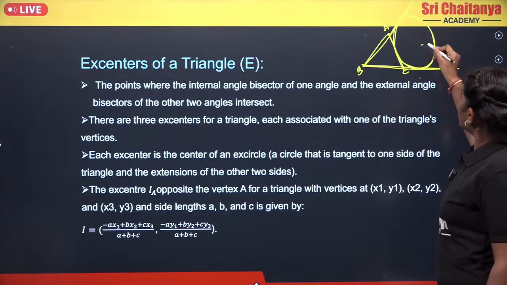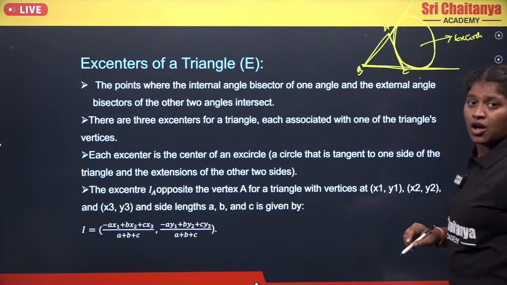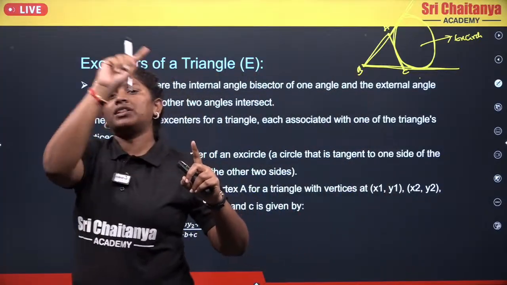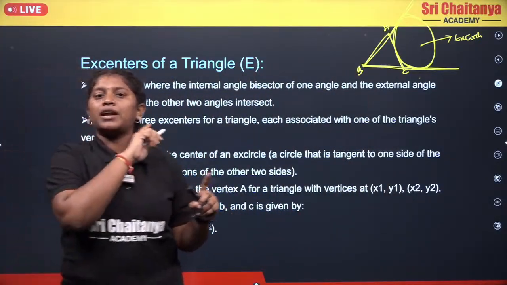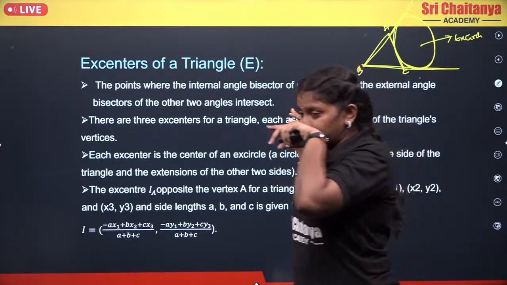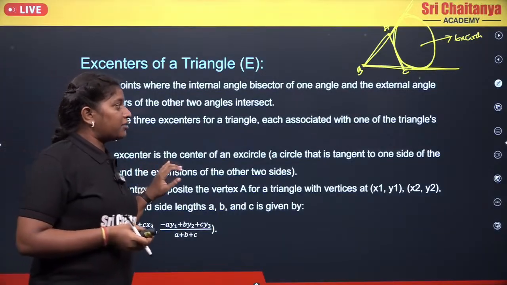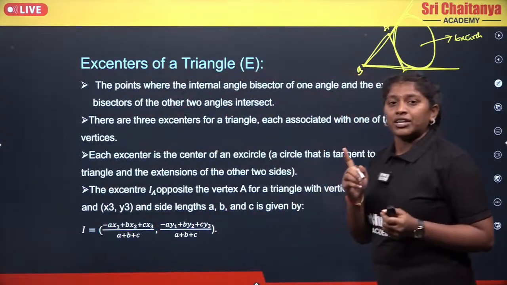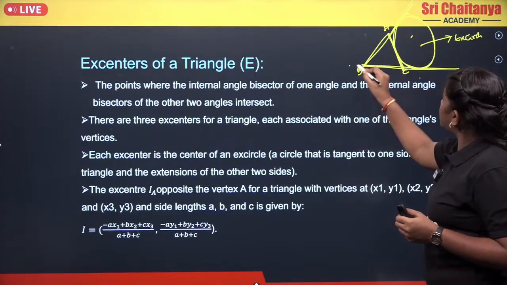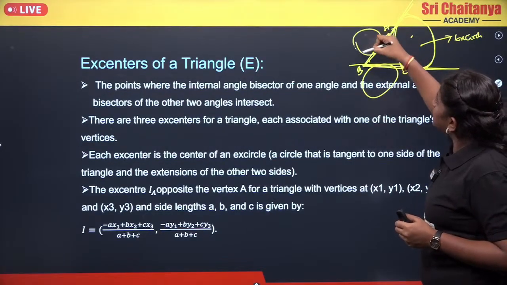This circle we are going to call the excircle. It is formed between the extended two sides of the remaining two sides of the triangle, and it has one side as the tangent. Now, understood everyone what our excircle is? Yes. So if you observe here clearly, with AC I will get one circle, with BC I will get another circle, and with AB also I will get another circle.